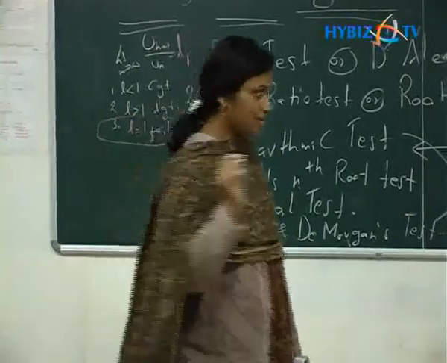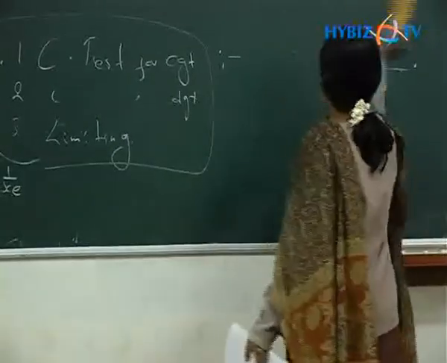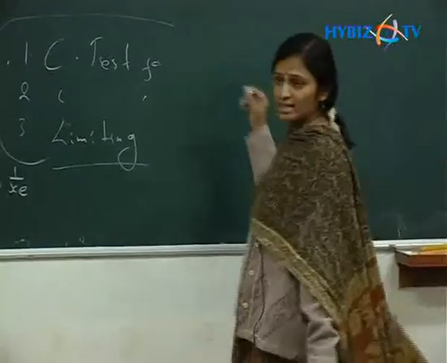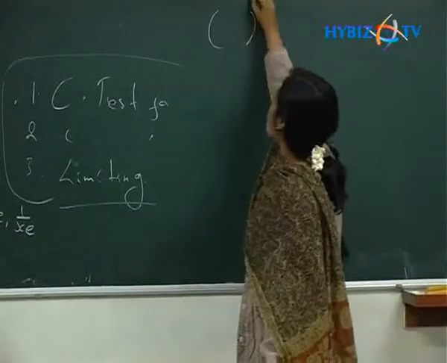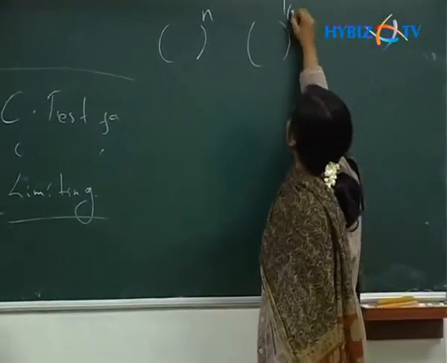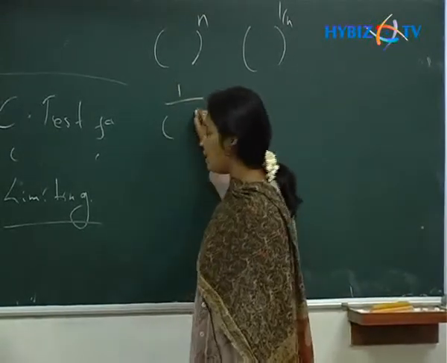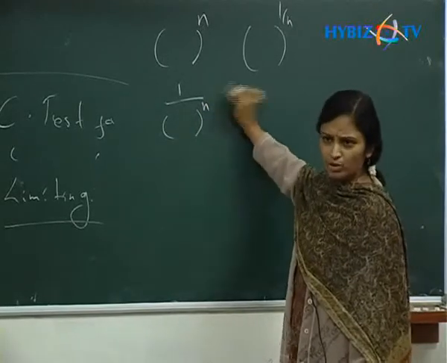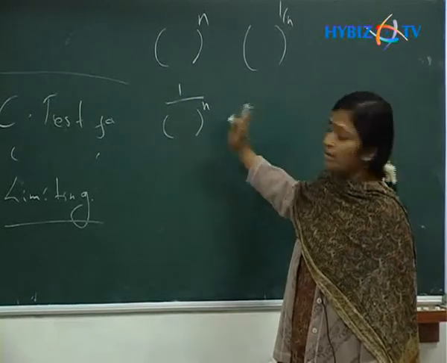In this case you have 6 types of forms, and only then do you apply Cauchy's nth root test. Suppose in the numerator the form will be whole to the power of n or to the power 1 by n. In the denominator, n will be n square, n cube, or n to the power 1 by 3, some such value.